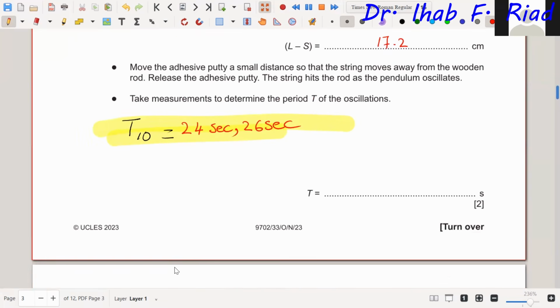Okay. Now he's telling us to move the adhesive putty a small distance so that the string moves away from the wooden rod. Release the adhesive putty. The string hits the rod as the pendulum oscillates. So can you imagine what we are doing?